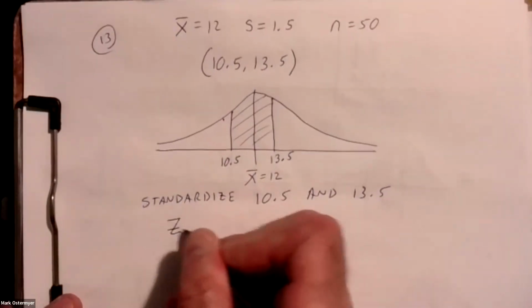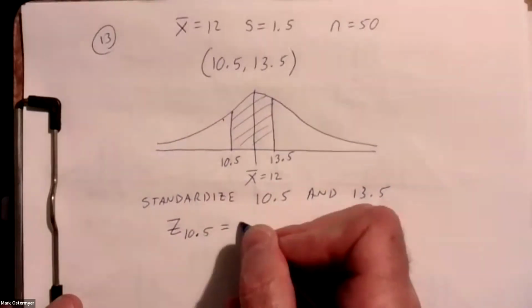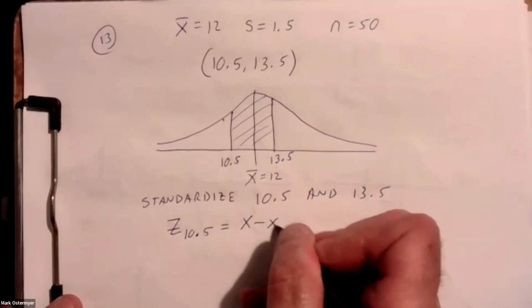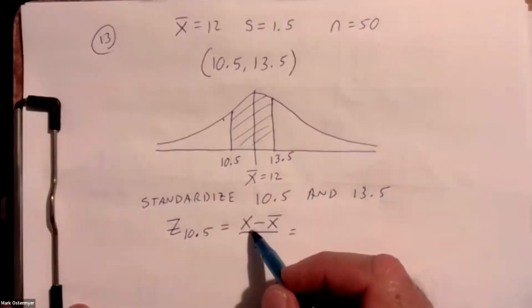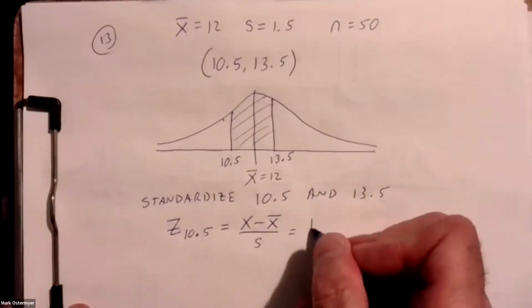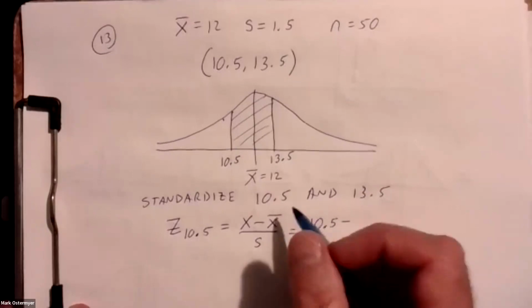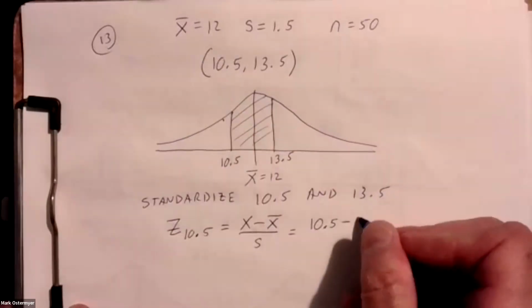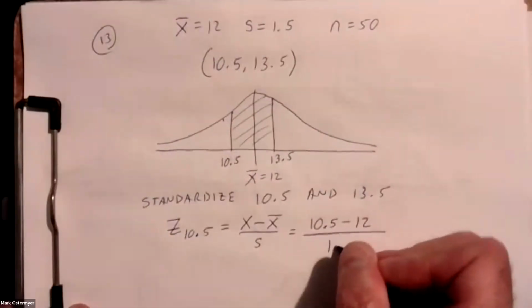So what would be the z-score for 10.5? We use this formula: x minus x bar divided by the standard deviation. X is 10.5 minus the mean, which is 12, divided by the standard deviation, which is 1.5.